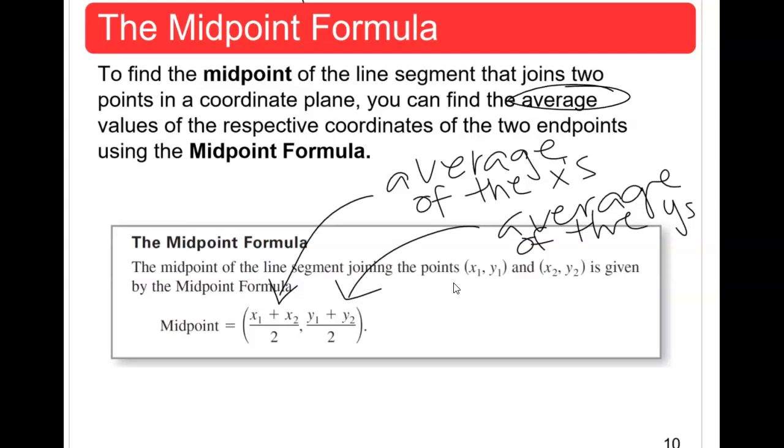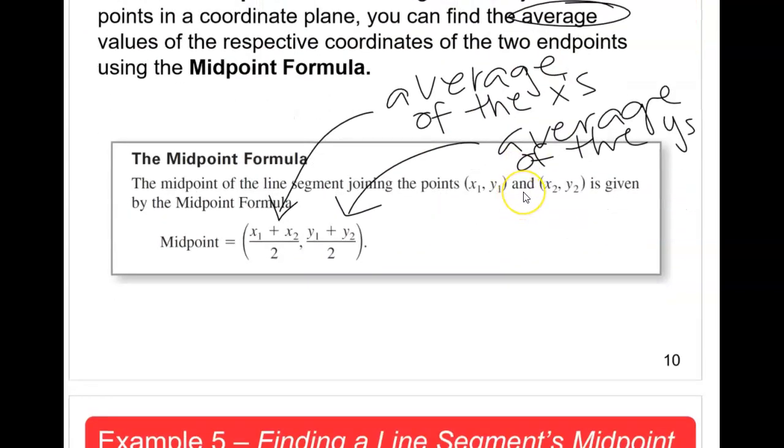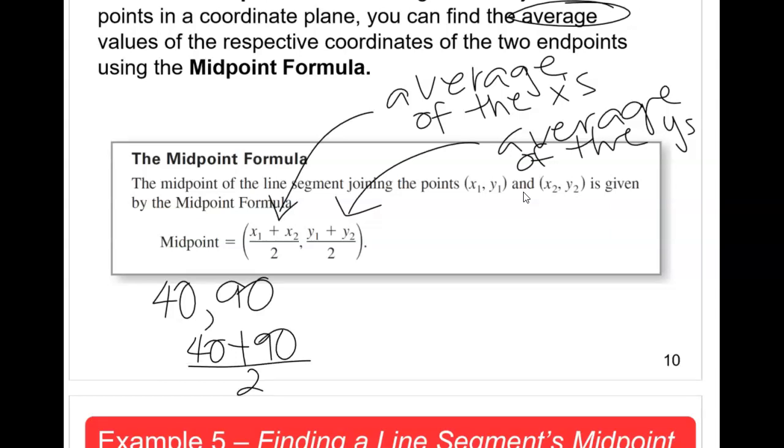For example, your first 2 exams, you want to know the average. Let's say you got a 40 and you got a 90. So what would you do? Well, you add the 2 values and then you divide by 2 because you have 2 scores, right? So in this case, that will be something like 130 divided by 2.